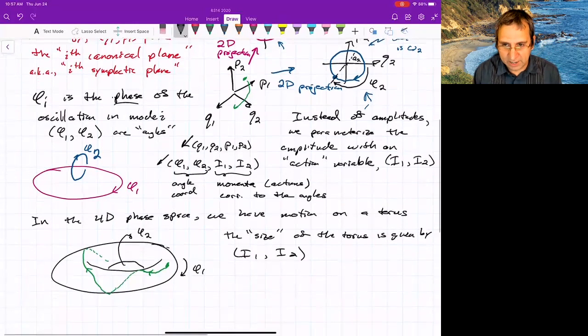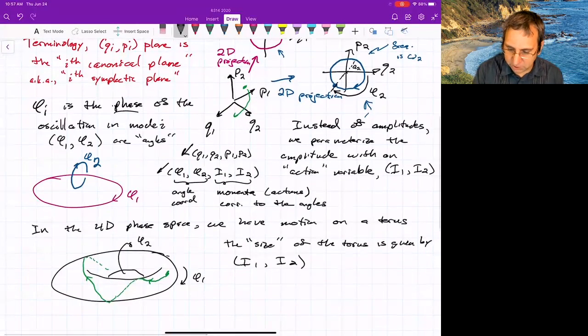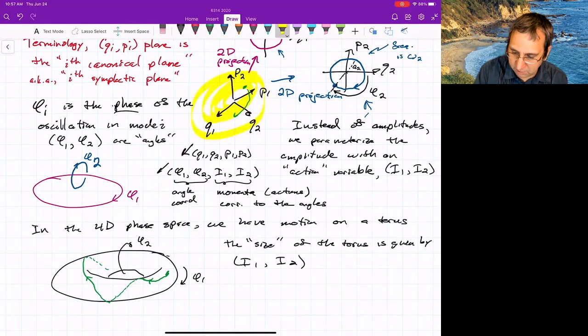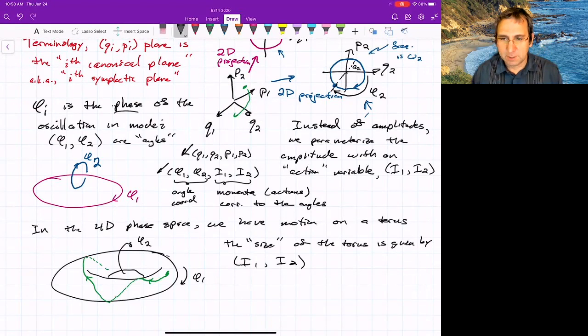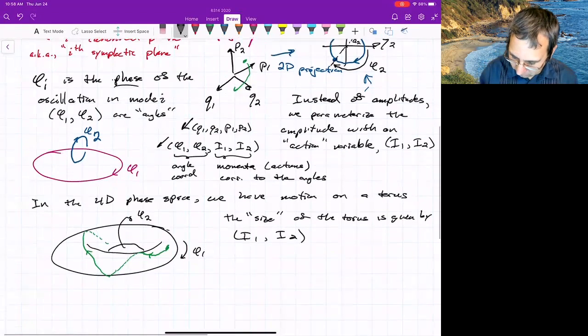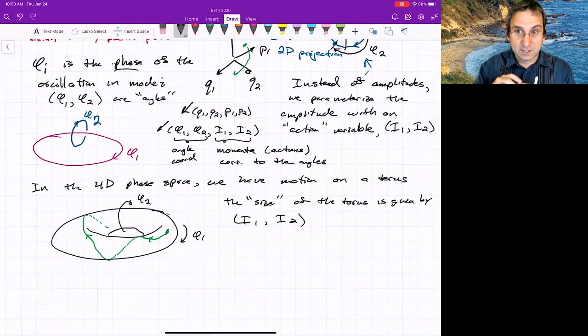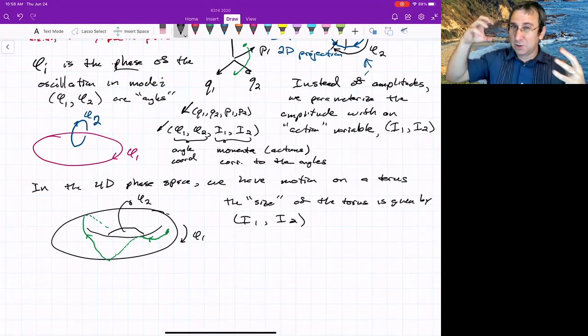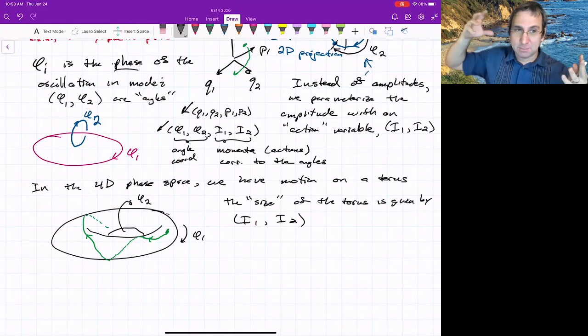So we would say that the phase portrait, in this original space up here, where we didn't really have any understanding of what's going on, the motion is really just a two-parameter family of 2-tori. So the four-dimensional phase space is just a whole bunch of nested tori. Try to get your mind around that.